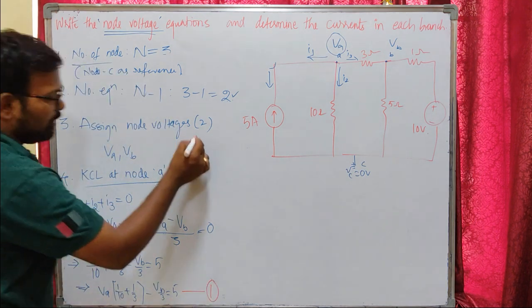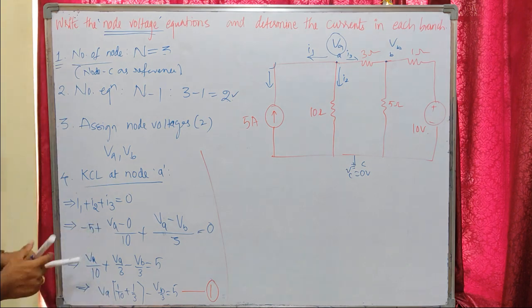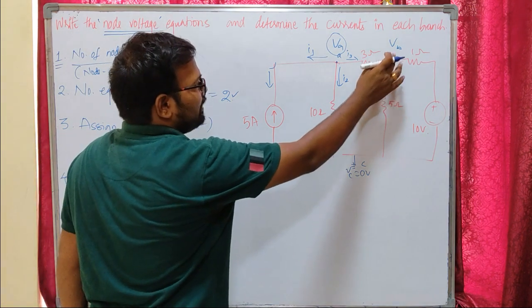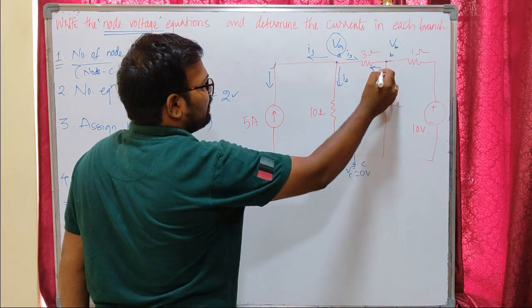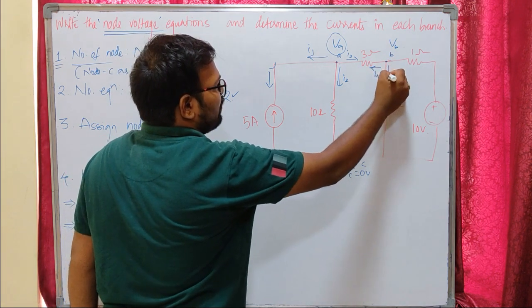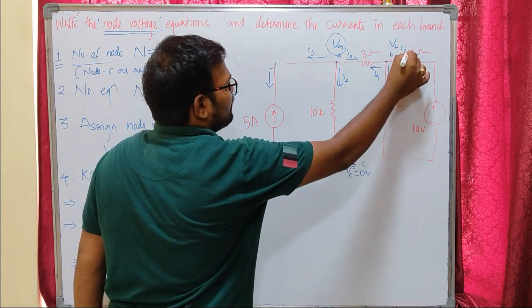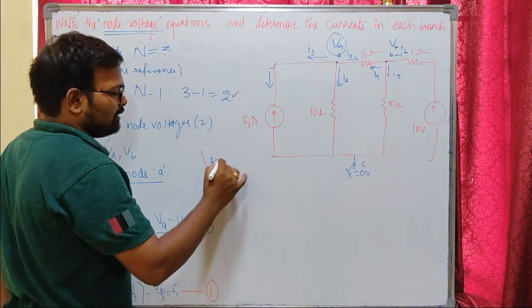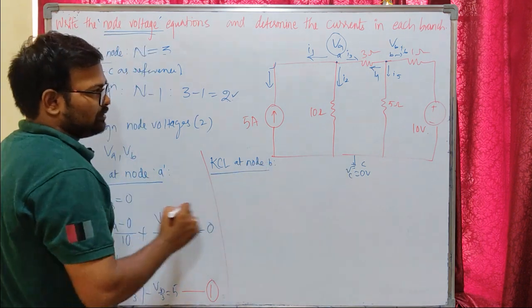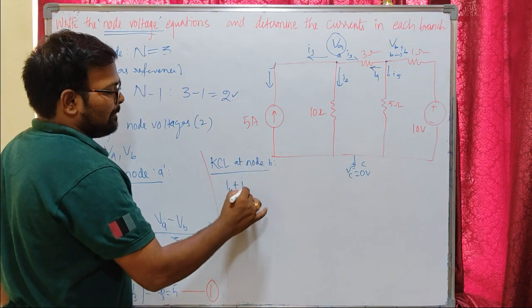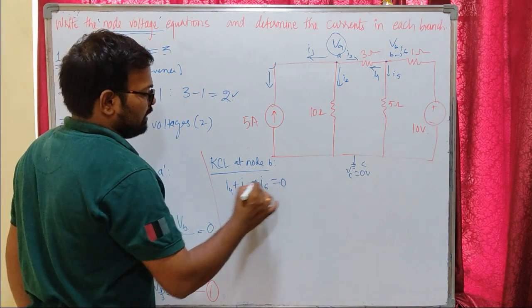Now let us apply KCL at node B. This is node B with potential VB. The currents will be leaving node B. These are I4, I5, I6. All currents should leave. So I4 plus I5 plus I6 must be equal to 0 according to KCL.